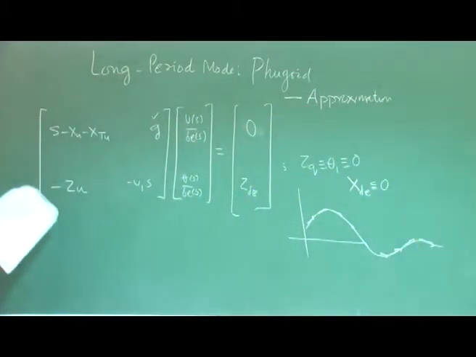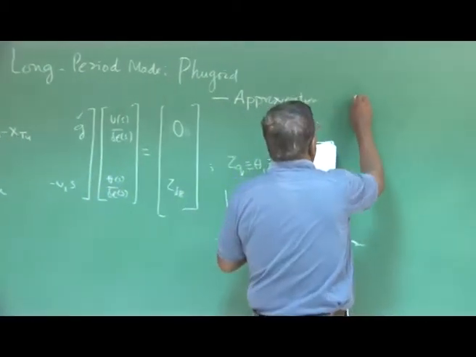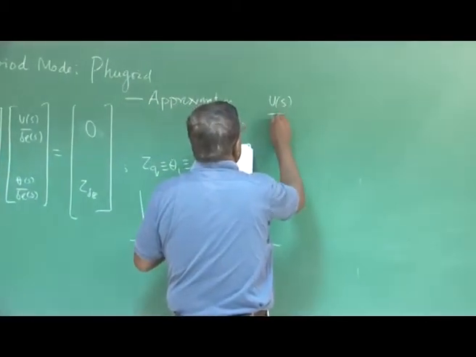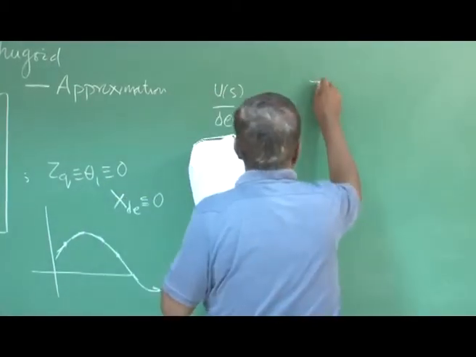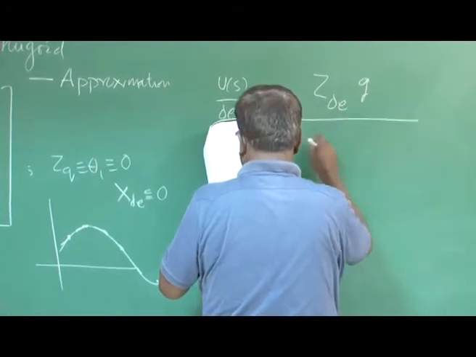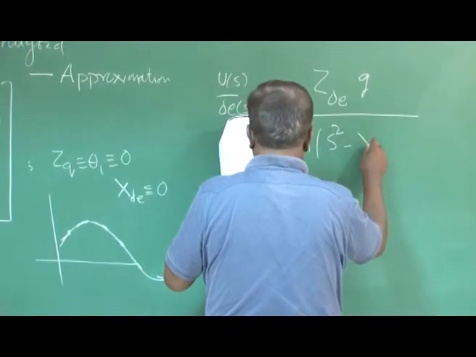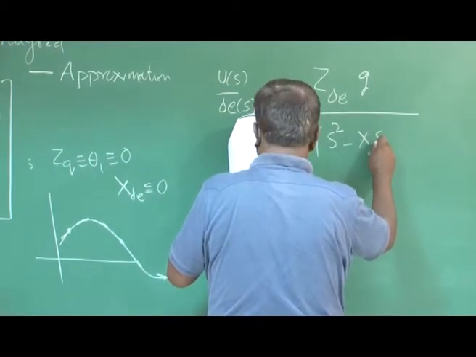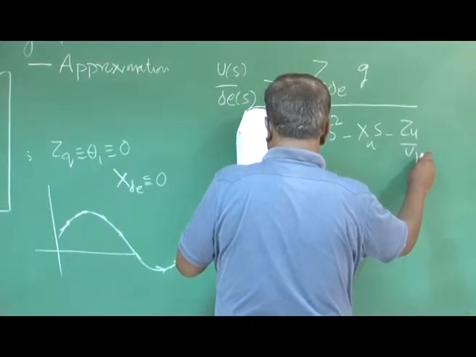Now let us handle this 2 by 2 matrix, and I can write u of s by delta E of s by using Cramer rule as Z delta E into g divided by U1 s square minus X U s minus ZU by U1 into g.